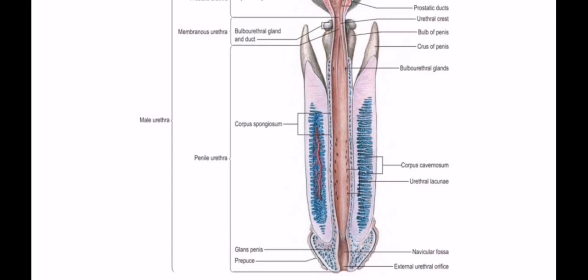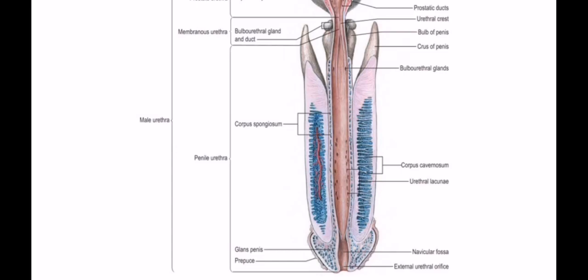The first part is the bulbar urethra, which is inside the bulb of corpus spongiosum or the bulb of the penis. It is surrounded by the bulbospongiosus muscle and the bulbourethral glands.